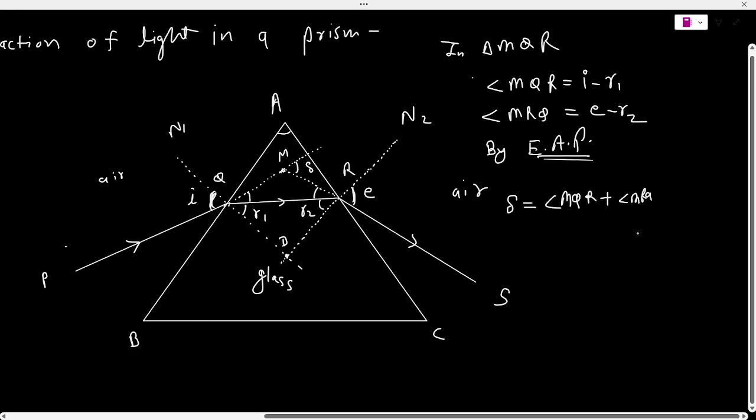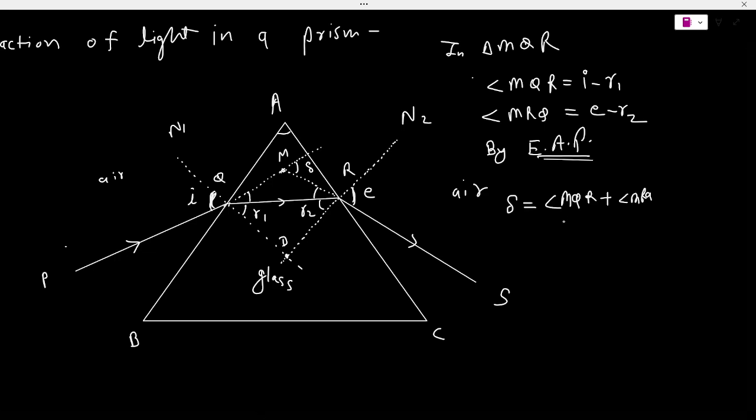So now we have to put the values of MQR and MRQ. This is MRQ. This angle is here. Now we just need to put the values. What is MQR? I minus R1. What is MRQ?